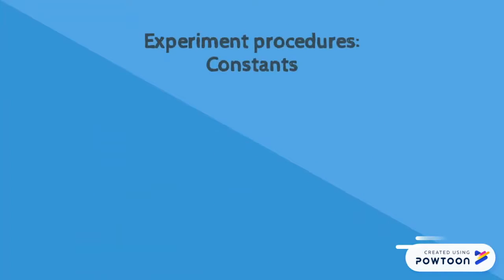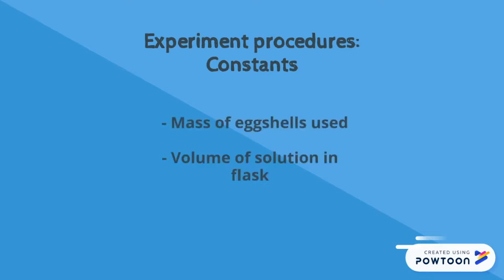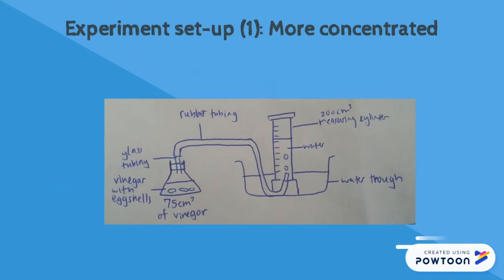The constants of our experiment procedures are the mass of eggshells used and the volume of solution in each flask. Our experiment setup for the more concentrated vinegar solution is as shown in this picture.